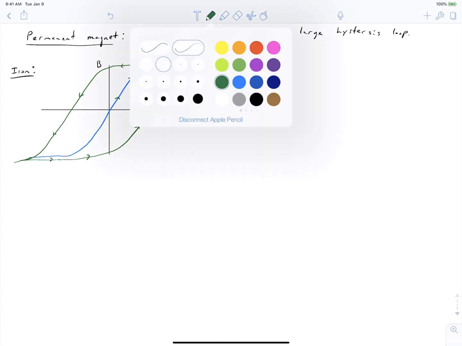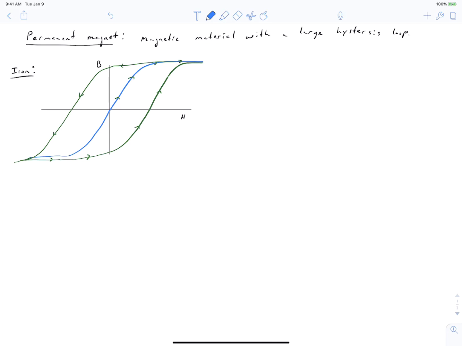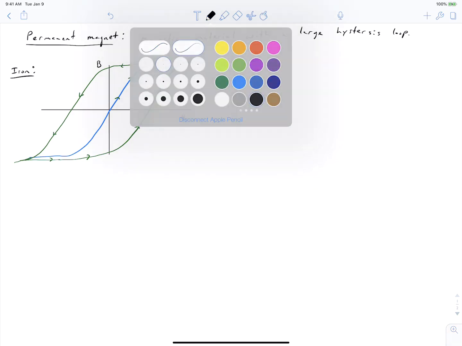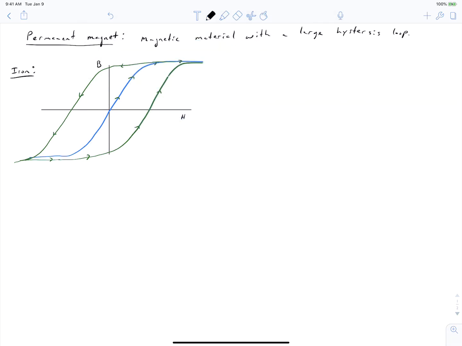And so we've approximated it in our models in our FEA tool as being this blue line, but in actuality it takes this green path. And where you are in that curve depends on the history, on where you have been. And we can exploit this property, this dependence of our magnetization state on our history, to create a permanent magnet, to create something that is always magnetized.